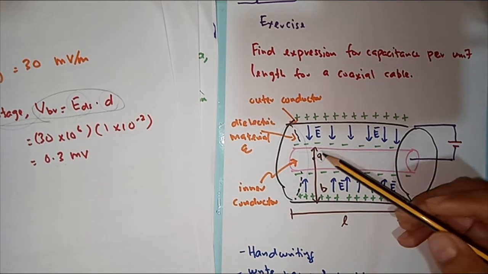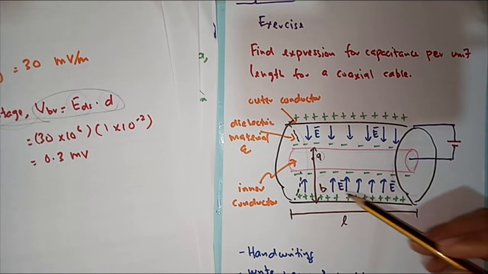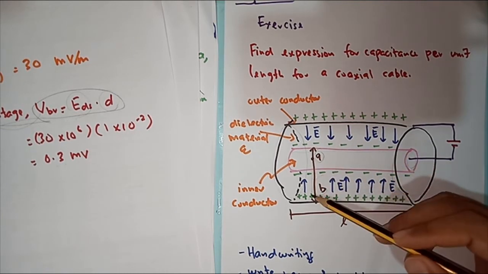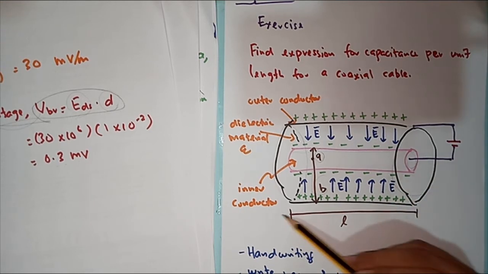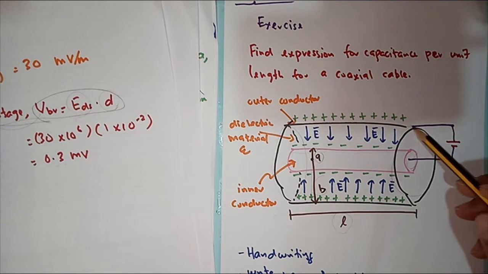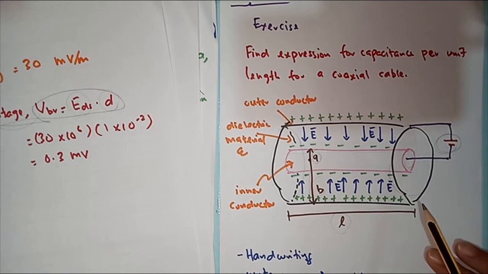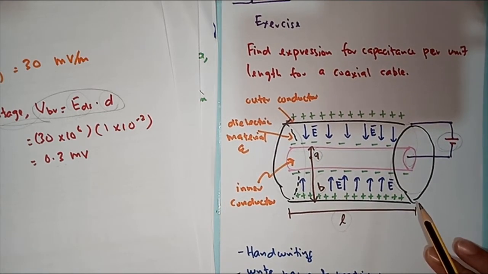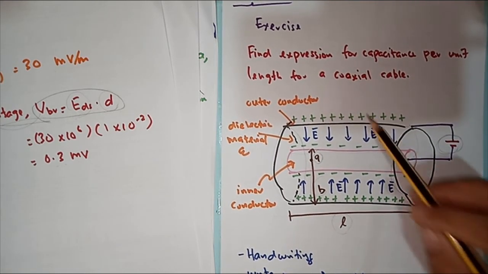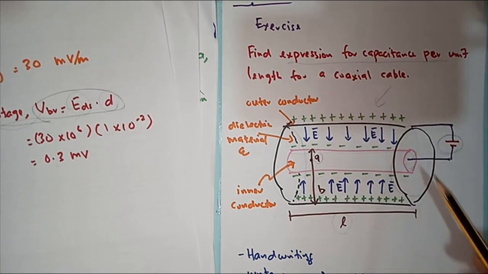A represents the radius of the inner conductor, and B represents the radius of the outer conductor. The length of this conductor is equal to L, and both conductors are connected by a DC voltage as shown in this figure. Please find the expression for the capacitance per unit length for this coaxial cable.